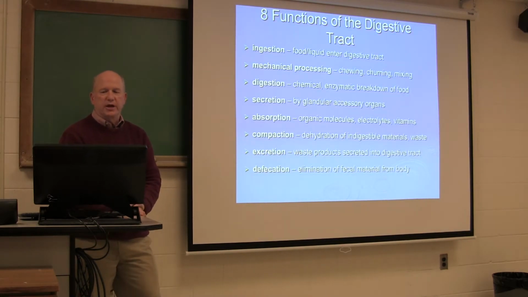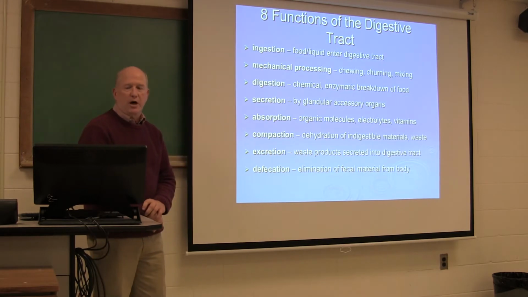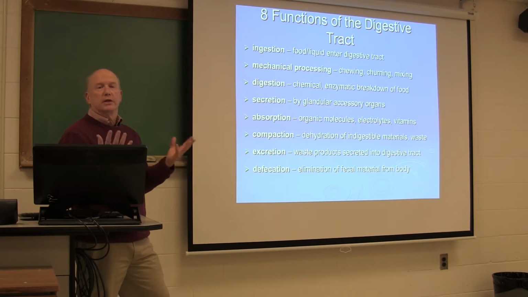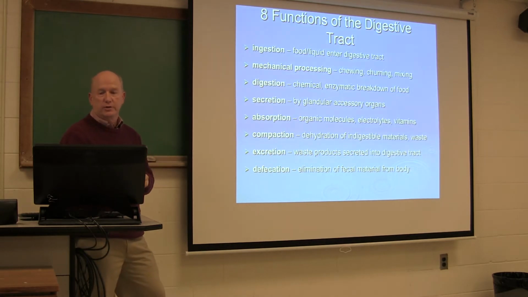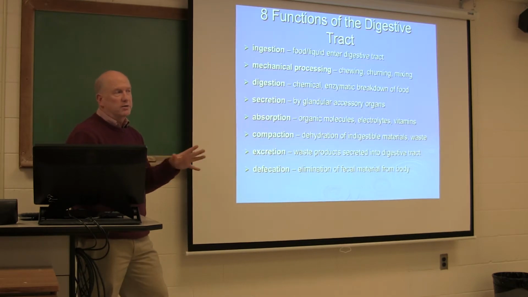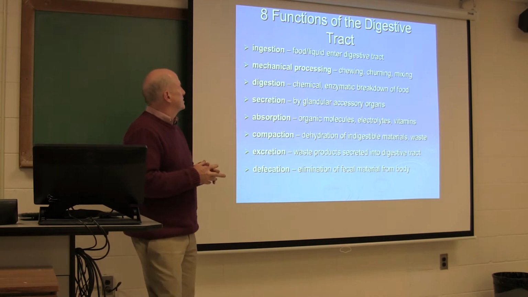Eight functions of the digestive tract. Wow, it seems like a lot, huh? In order to get our foods and our fluids into our bloodstream, where we can use them throughout the body, we have to do a lot of things first. It won't go across or through cells without some work.